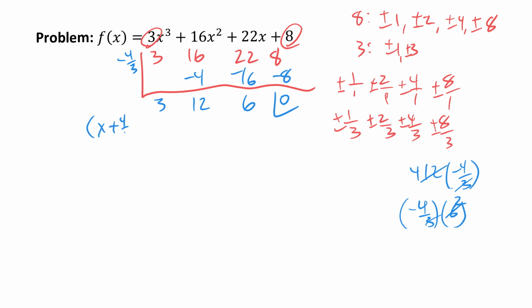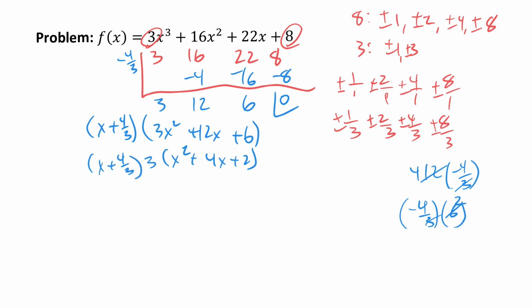x plus 4/3, remember to flip the sign. 3x squared plus 12x plus 6. Then we factor the 3. x squared plus 4x plus 2. And finally, ooh, this is a little nasty.